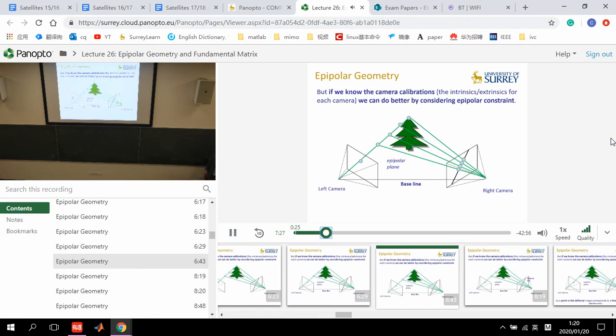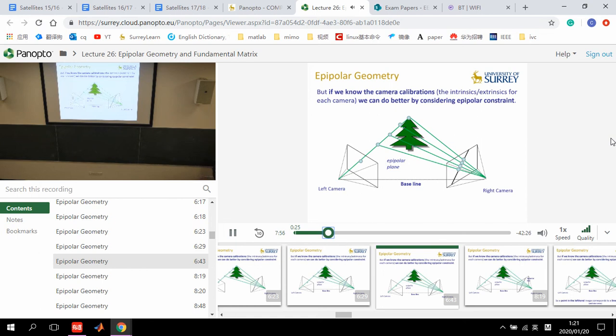And you can see that it's the intersection of that plane with the imaging plane on the right-hand camera that forms that epipolar line. Can you see that? That's a triangle in 3D there, that epipolar plane. It has to be a plane, it's just a triangle in 3D. So all of the rays of light, and indeed the epipolar line itself, lie on the epipolar plane.